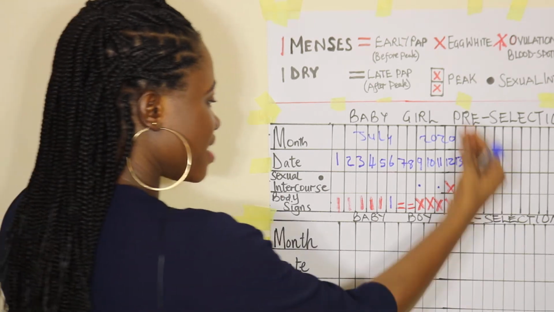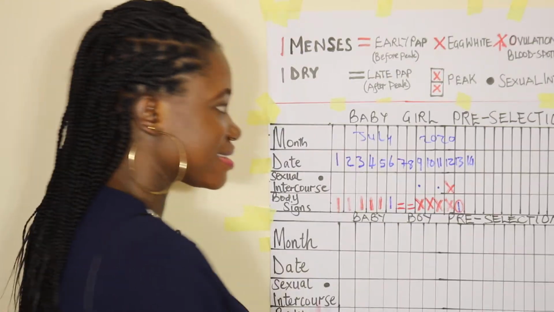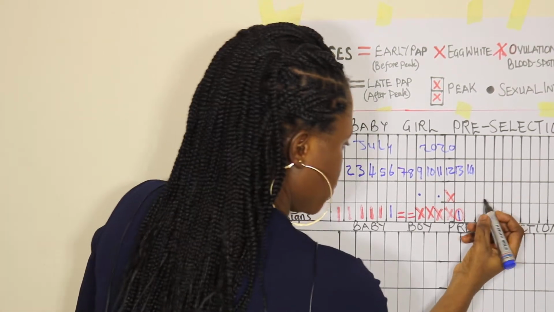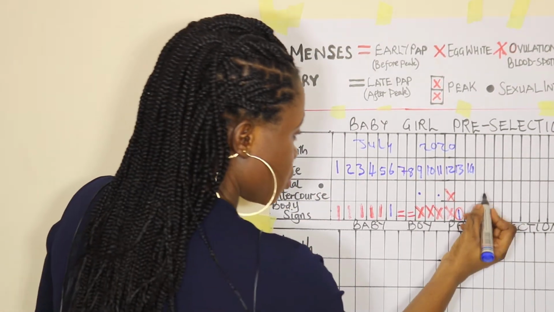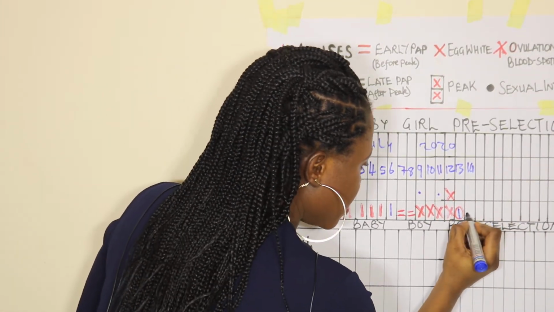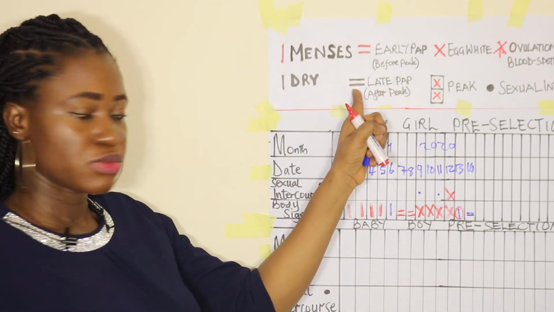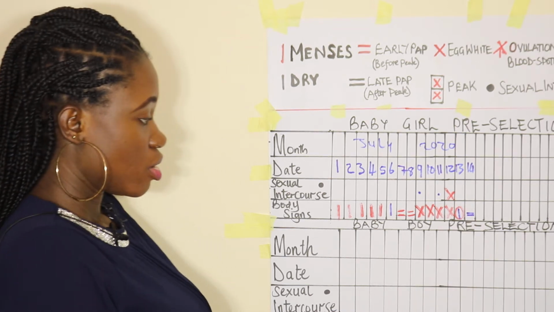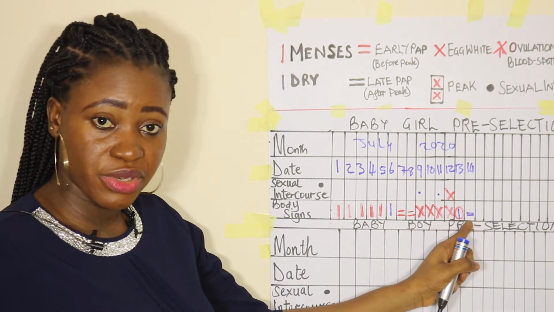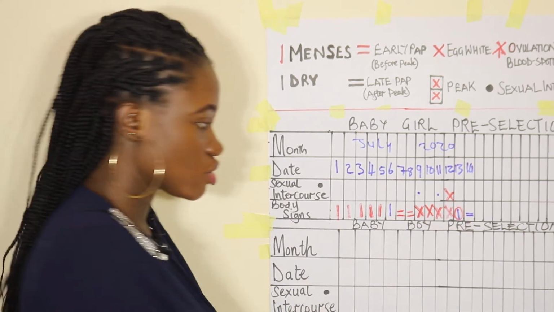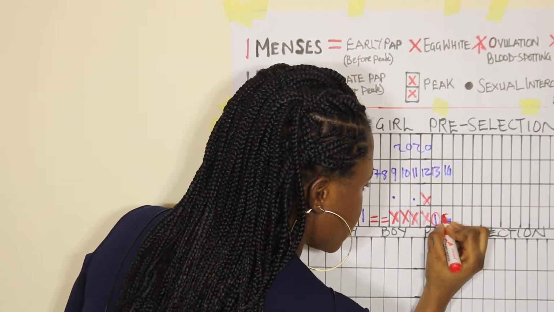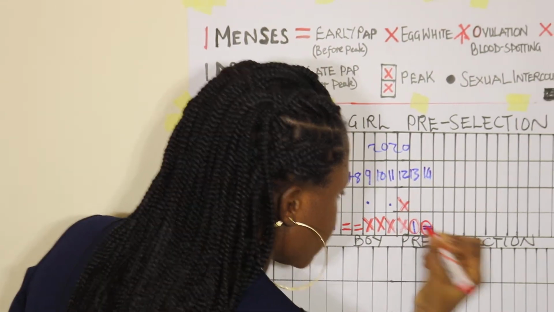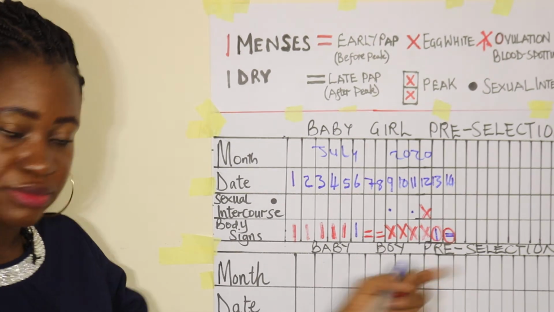So that is why an infertile sign is being marked inside red 0, sorry. So today she had her late pap, which is an equal sign, in blue or black. Today is her second 0 day, so she's still fertile, so she's going to circle it in red.